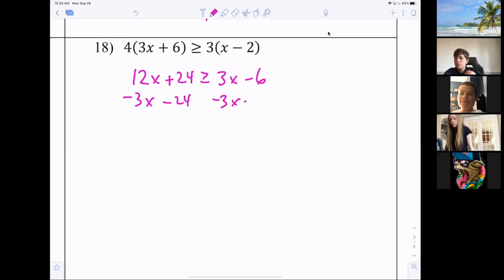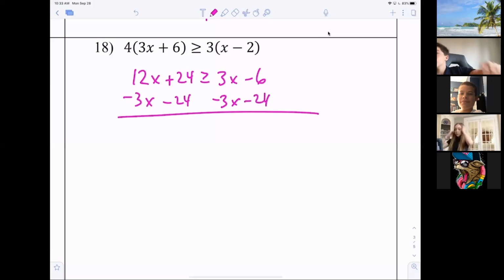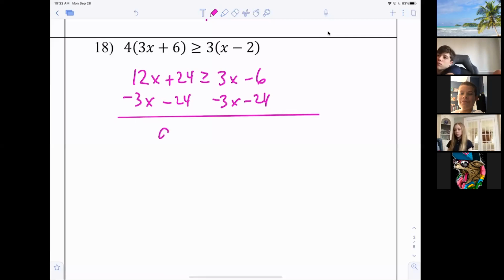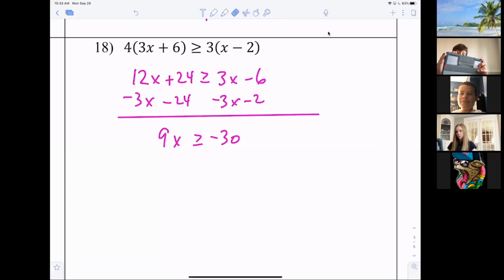Subtracting 24. What do I have? 9x greater than or equal to -30. Is that correct? Anybody have any issues with that so far?